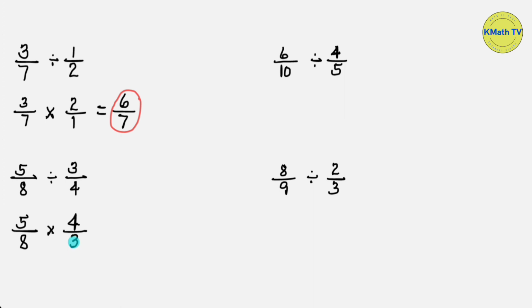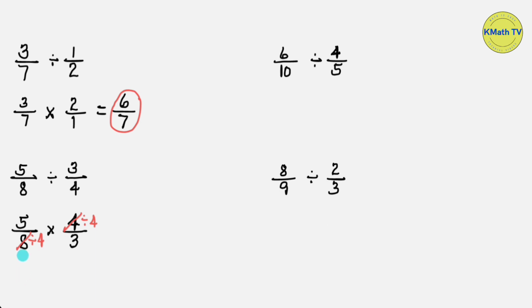Okay, in this problem, we can use cancellation. We can cancel 4 and 8. They have GCF. The GCF of 8 and 4 is 4. So let's divide them by 4. Cancel, cancel.